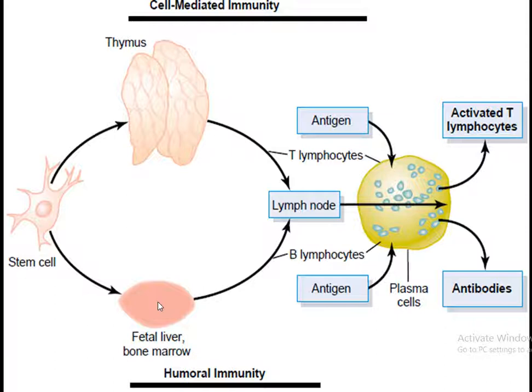B lymphocytes are named as such because this population of cells was first discovered in birds, which have a special processing organ called the bursa of Fabricius. For this reason, they are named as B lymphocytes. B lymphocytes are different from T lymphocytes in two ways mainly.